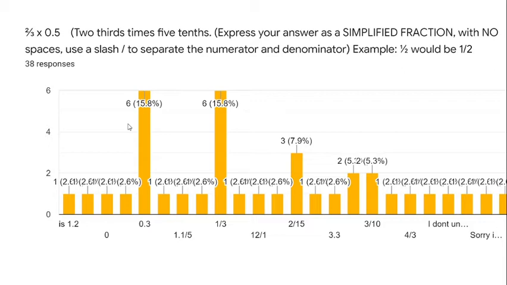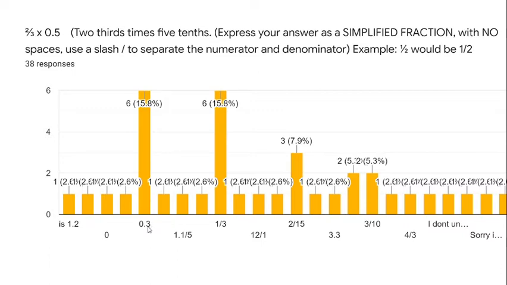Here we have a multiplication problem. We need to change that decimal to a fraction, which is 1/2. 2/3 times 1/2 would be, well, 2 times 1 is 2, and 3 times 2 is 6, so it should have been 2/6, which simplifies as 1/3. So only 15.8% of kids got that correct.